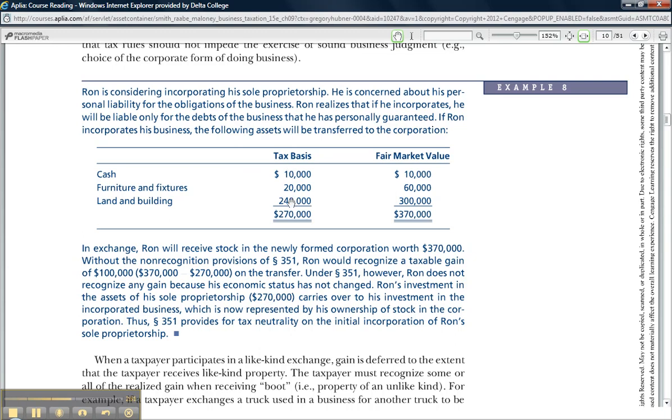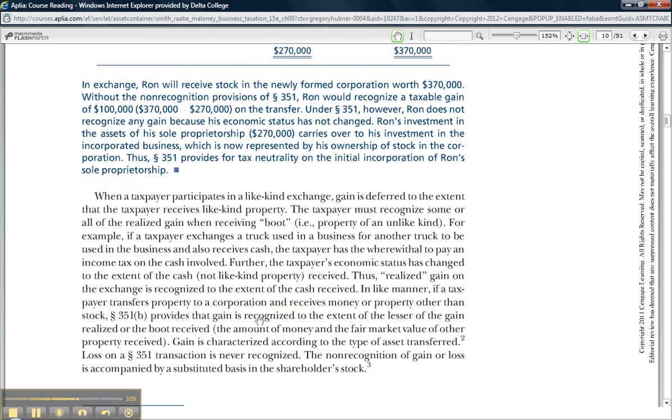So basically, each party, the person and the corporation, just steps into the shoes of the other as far as basis goes. That's the basics of Section 351. It provides tax neutrality and no tax burden on Ron for making this transfer.